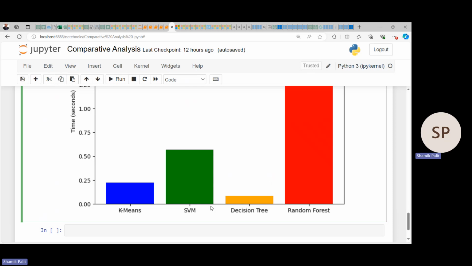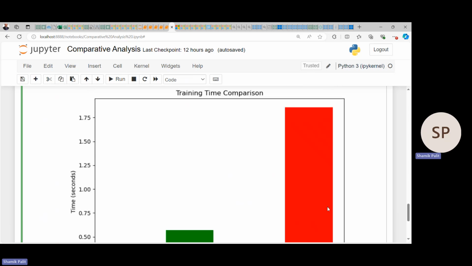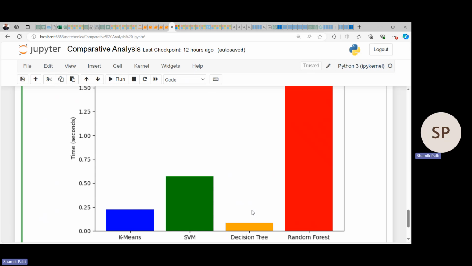Based on the values, we can do a comparison: random forest is relatively high for the training time, whereas the decision tree is really low. And k-means and SVM are almost in the same range.